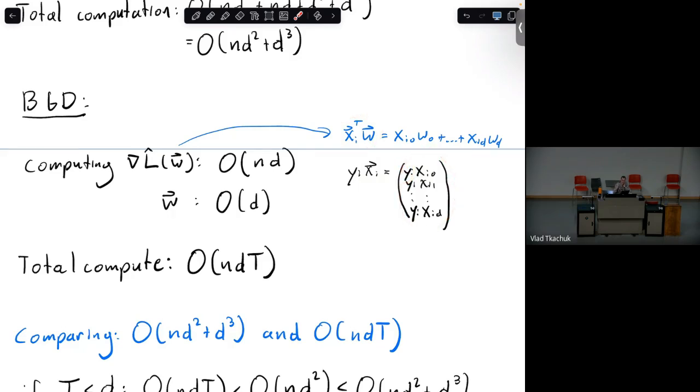So in total, there's 3d operations. So this guy is big O of d. This guy is big O of d. And then there was one more step, which was xi transpose w times xi, which is also big O of d. And then you have them all ultimately.